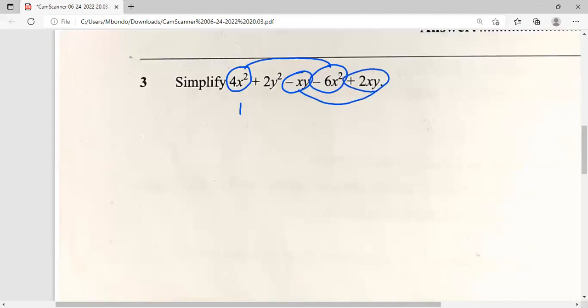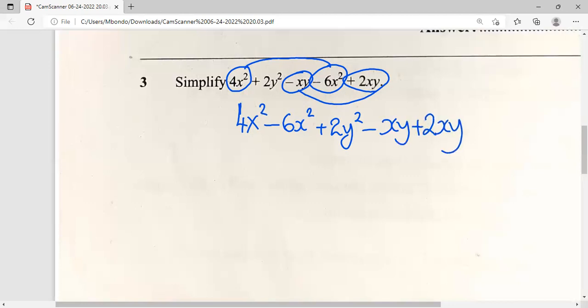Therefore, now we're going to say 4x squared is supposed to be put together with the 6x squared with its sign. Take note of that. And at this point, we can keep this one, which does not have a friend. And minus xy plus 2xy.